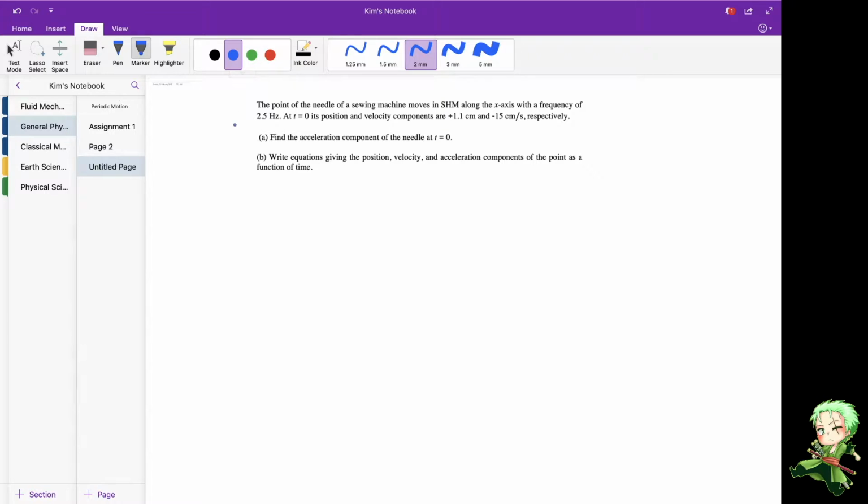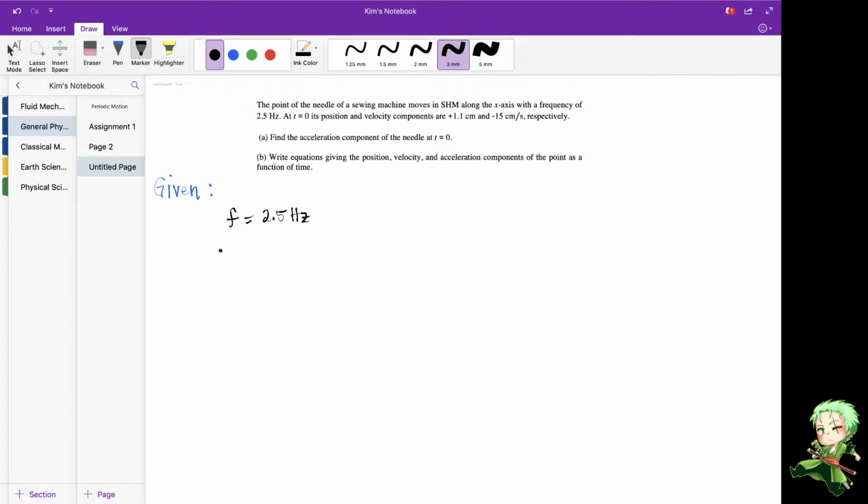So the first thing that we are going to do, as in every problem we work with, is always start by writing the given. The given in the problem is 2.5 hertz, so that is our frequency.